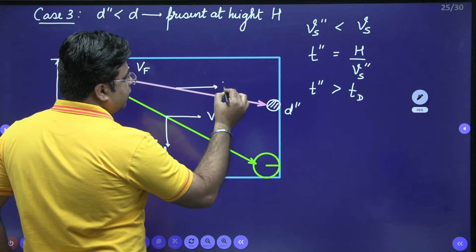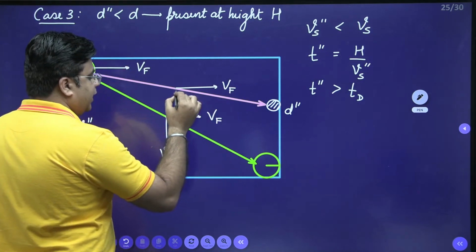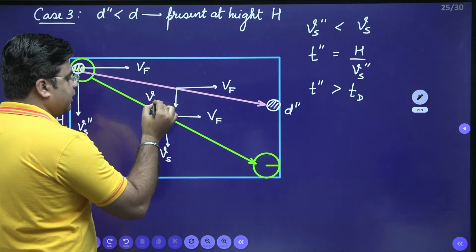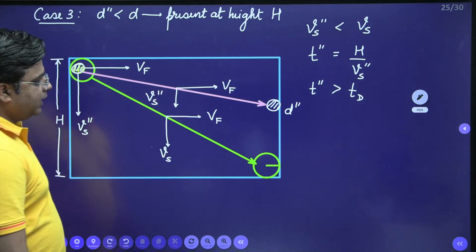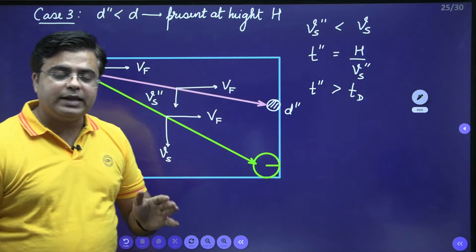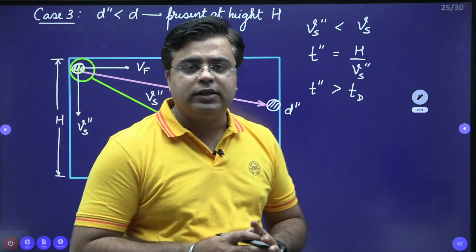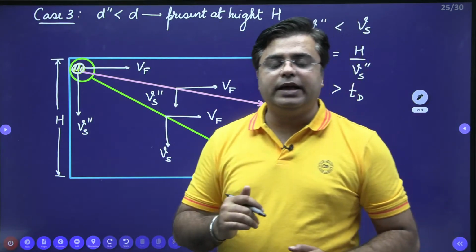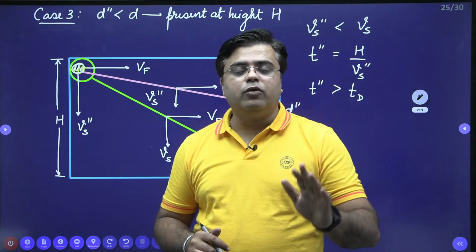It moves with horizontal velocity Vf and with settling velocity Vs double dash. And Vs double dash is clearly smaller than Vs. So the particles of smaller size present at height capital H are not removed from the system.